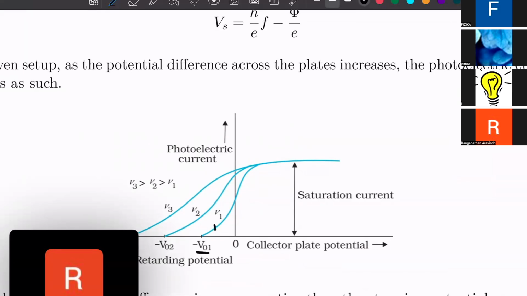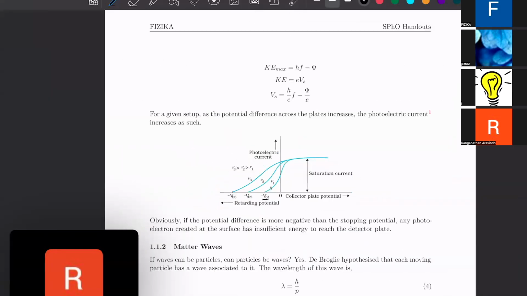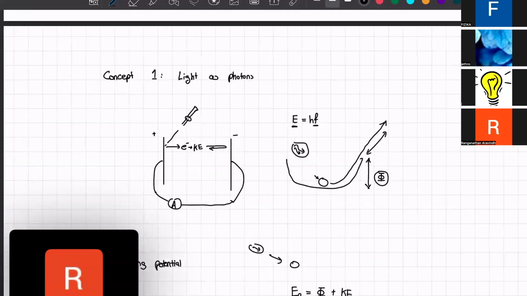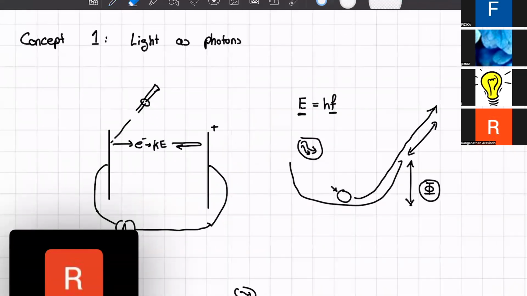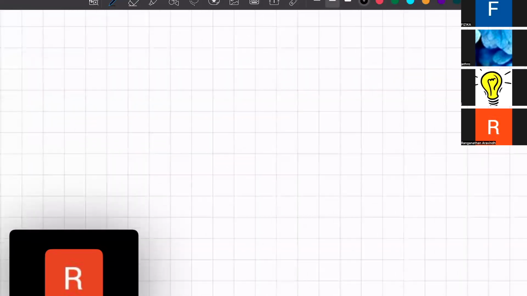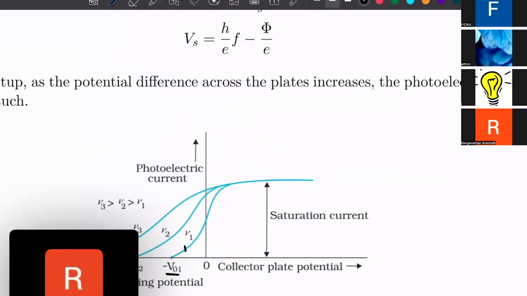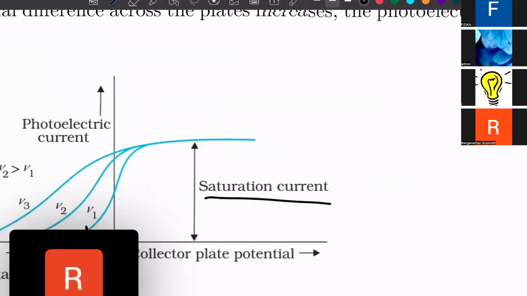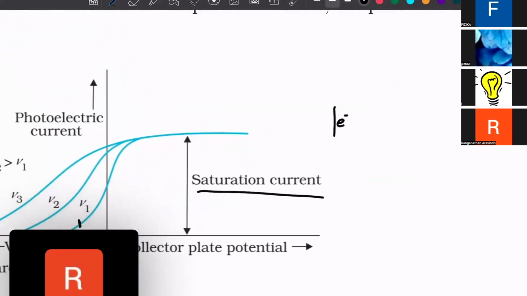Then if your potential is positive, if it's sufficiently positive, all the electrons that are emitted from here will instead be attracted. So even if it's like that, you'll still get attracted and come here. So in this case, if it's positive, it will reach saturation current, which means that any electron that is emitted from the surface will end up at the other plate.